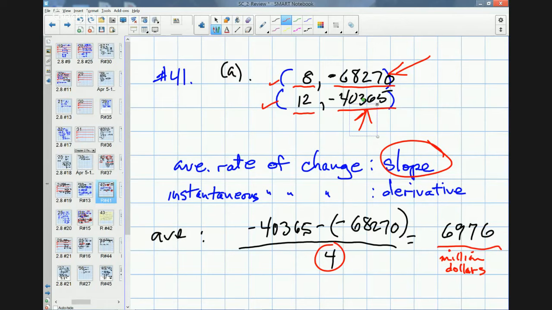Even though the numbers are kind of obnoxious, it's just a good old polynomial, so it's an easy derivative, power rule only. Now you've got your general derivative. That would be S prime of t. What's S prime at 8? What's S prime at 12? And you're done.